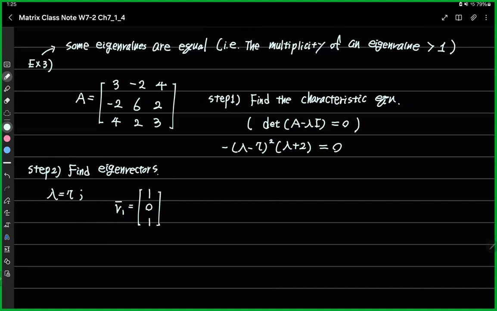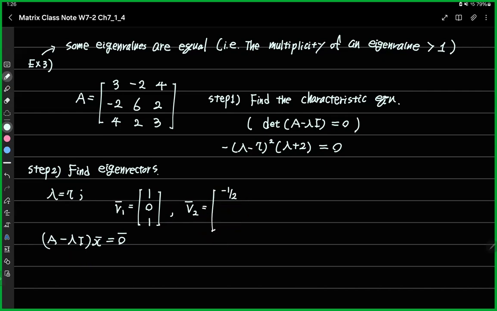To find the eigenvector, we need to solve the system A minus lambda I, times x, is equal to the 0 vector. I'm sure that this matrix A minus lambda I has one free variable. Anyway, we got 2 eigenvectors, V1 and V2.